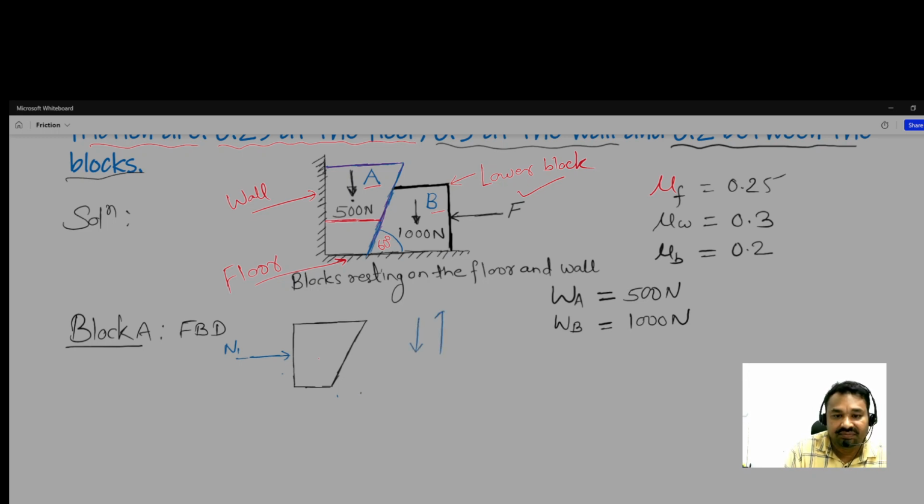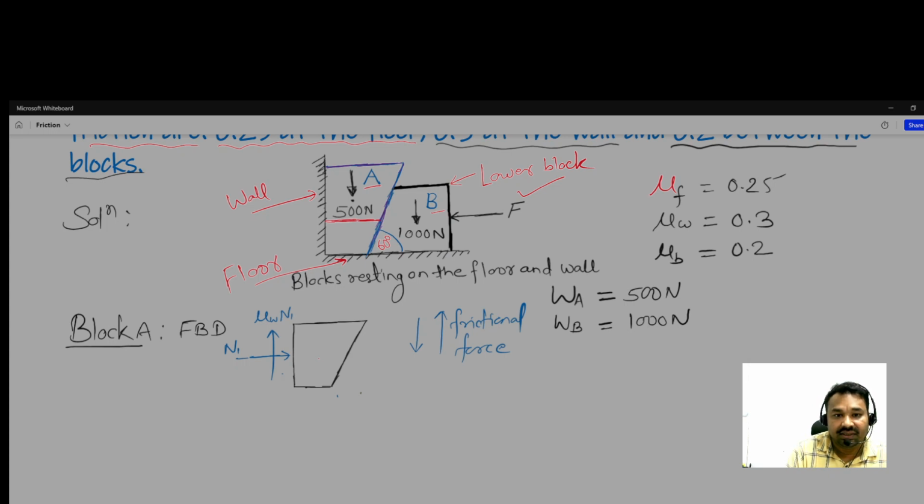So that's why the frictional force will act upward. This is mu w multiplied by N1.